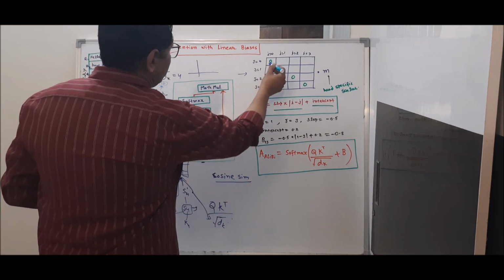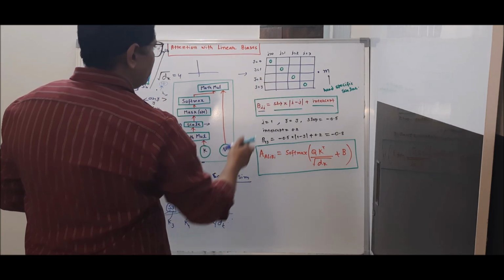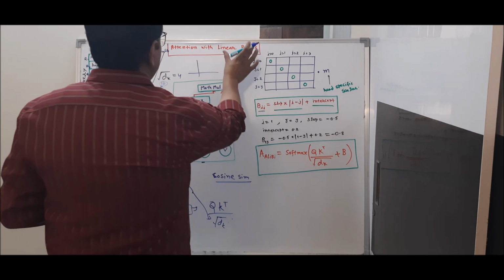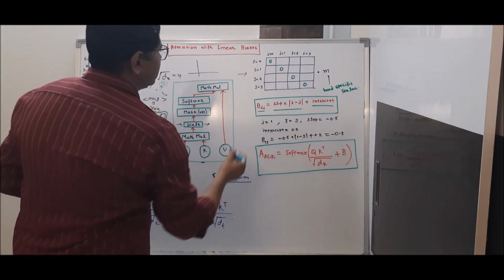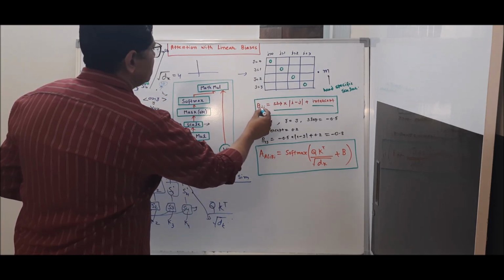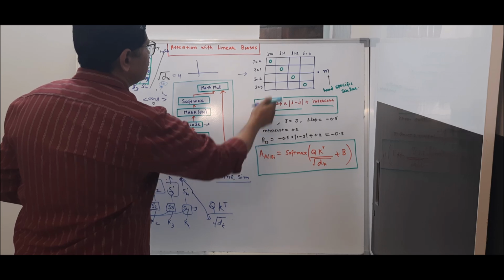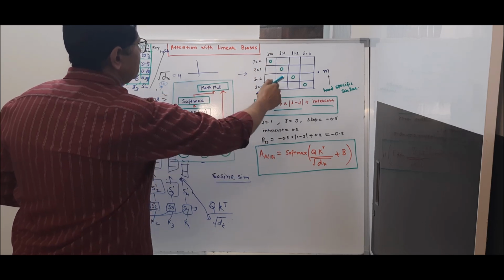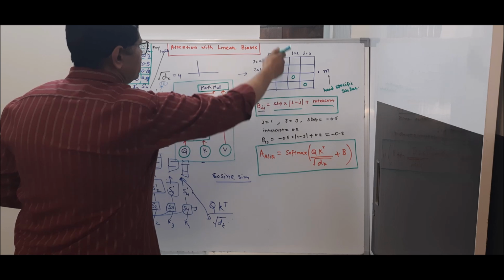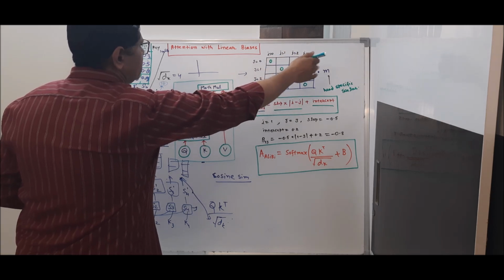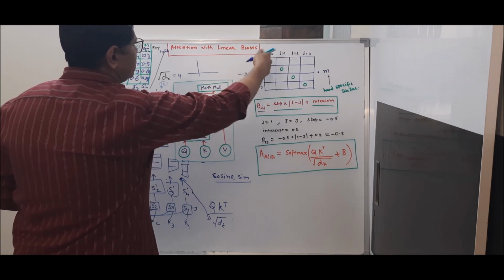Now, for each of those matrices, we will calculate the bias introduced by this paper. The bias is introduced for a position i and j. For example, i represents the column position and j represents the row position.